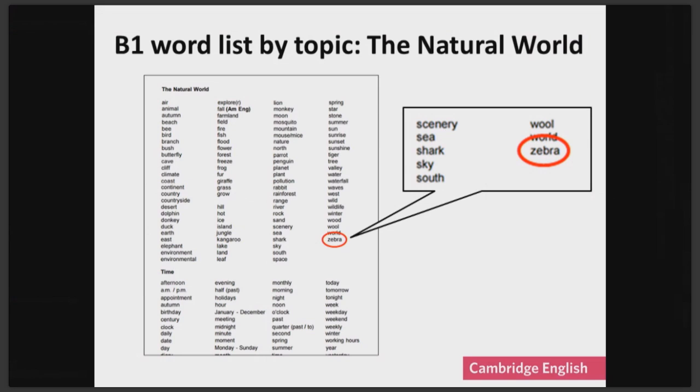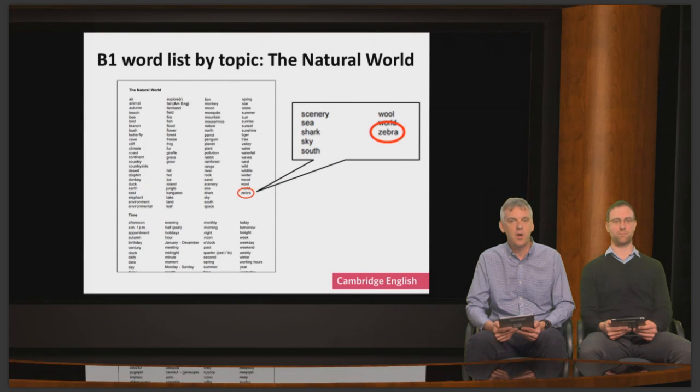So, for example, if we take the topic of the natural world, we see that the word list has about 50 words which the learners need to know. 3 of those words beginning with A, and there's one of those Z words again, zebra. It's also worth noting that many exam course books also base their vocabulary input on these word lists.